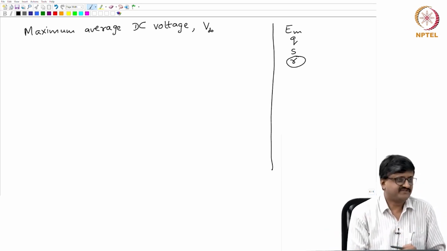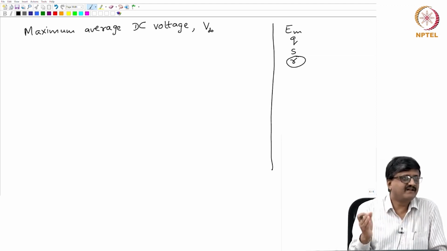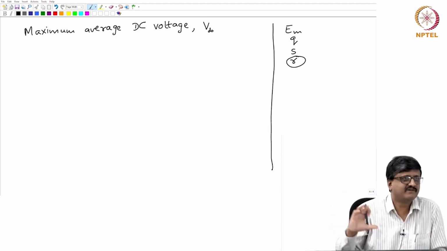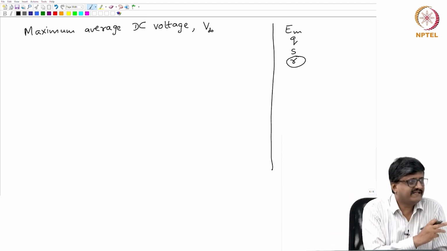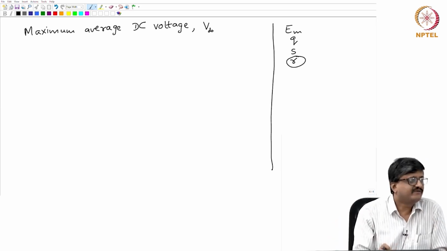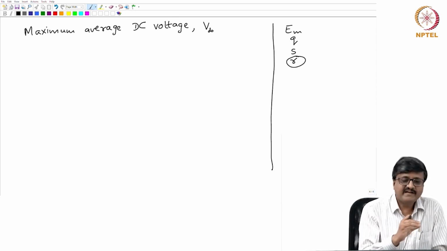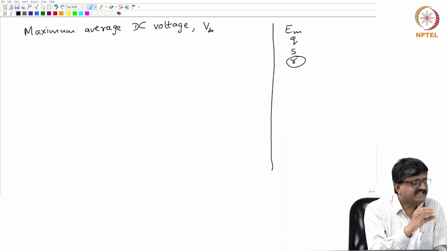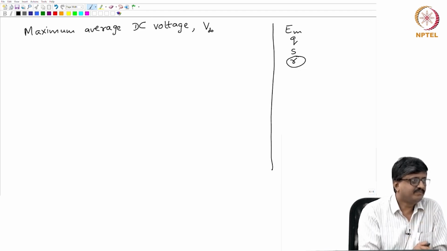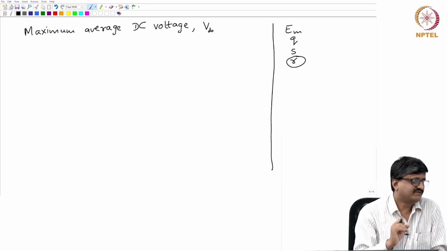So can I get an expression? What I need to do is take only one of the parallel paths and use it to find the average DC voltage. All these are connected in parallel, so the voltage across all these parallel paths is one and the same. So I can take any arbitrary parallel path and try to find the voltage. I need to take the voltage across each and every basic commutation group and add them to get the effective voltage.